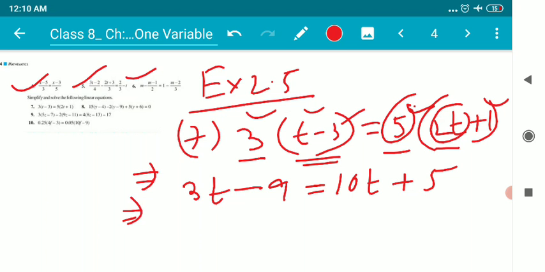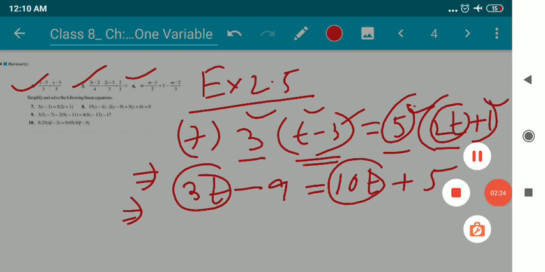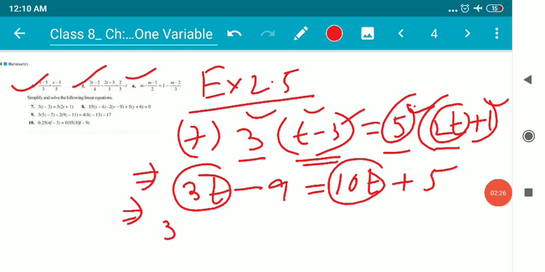Now children, as we all know, all the variable-related terms should be on one side and all the numbers free from variables should be on the other side. So here it's 3t with variable and here is 10t with variable. Let them be on the left hand side. So what I'll do, children, I'll just write 3t. I'll just transpose this 10t to the left hand side.